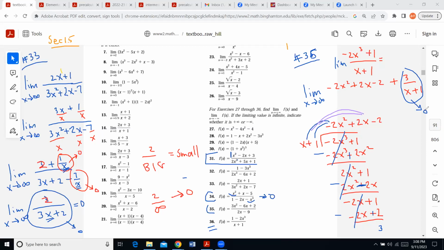And now what dominates gives me the sign, the actual answer. And it looks like the dominating term is 2x squared. So when x goes to infinity, then this 2x squared also goes to infinity, but it's negative 2. So it's a negative infinity.